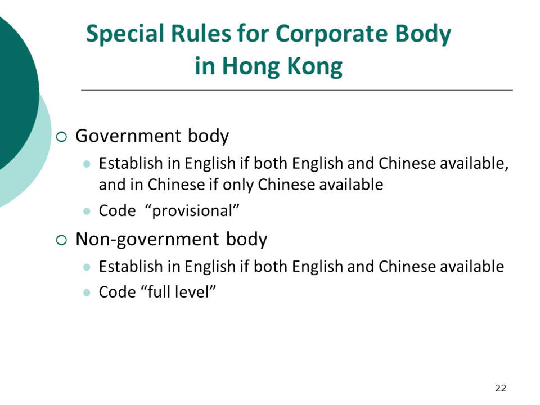Now let's get into a special rule area for corporate bodies in Hong Kong. First of all, as you know, the official languages of Hong Kong remain Chinese and English. So two official languages remain. But because there is uncertainty about English remaining as an official language, the policy office several years ago made a decision.